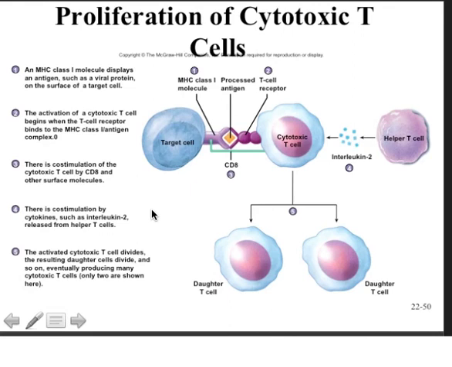There's co-stimulation of the cytotoxic T by CD8 and other surface molecules, and co-stimulation by cytokines such as interleukin-2, which are released from helper Ts. The activated cytotoxic Ts then divide, the resulting daughters divide, and so on, and eventually we generate an army of cytotoxic Ts capable of going out and destroying infected cells or pathogens.